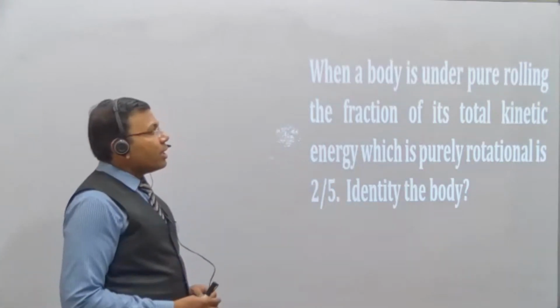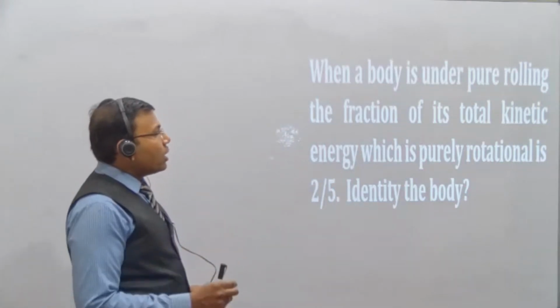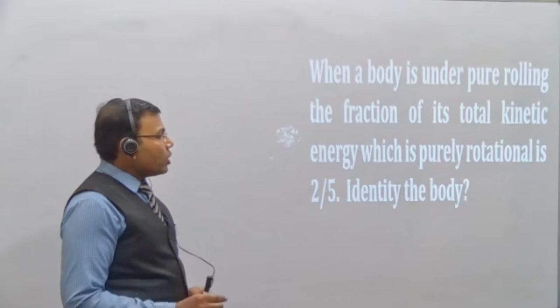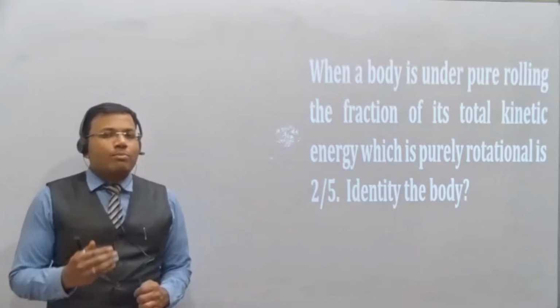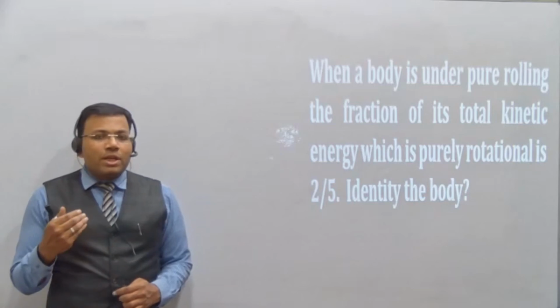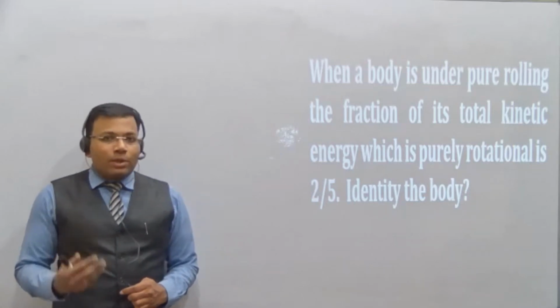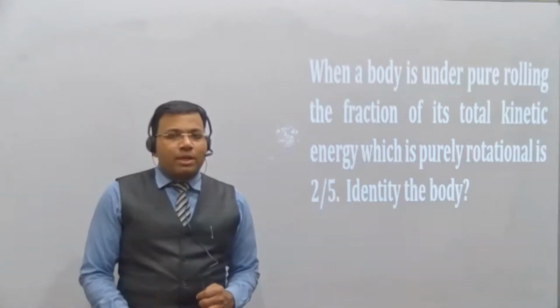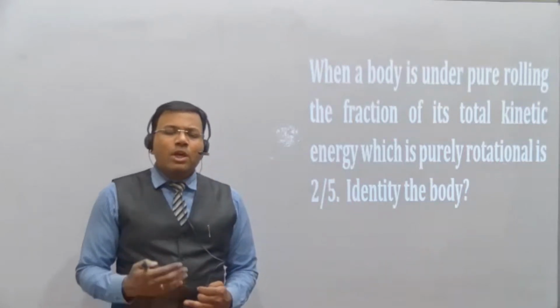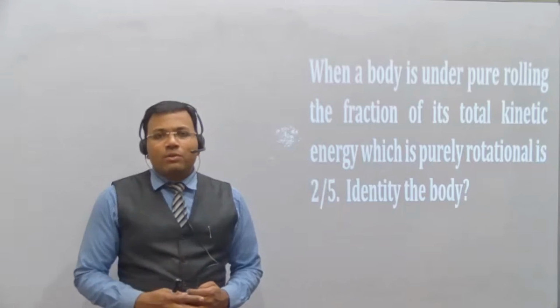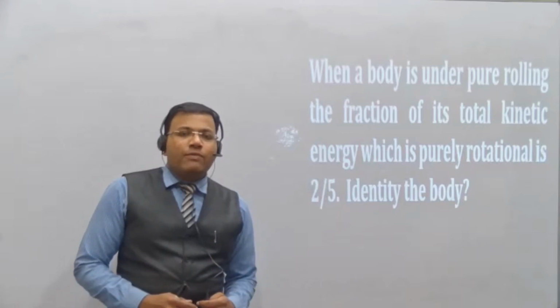We have to identify whether the rolling object is a ring, a sphere, a solid cylinder or a hollow cylinder, which type of object it is. Now let us identify it.